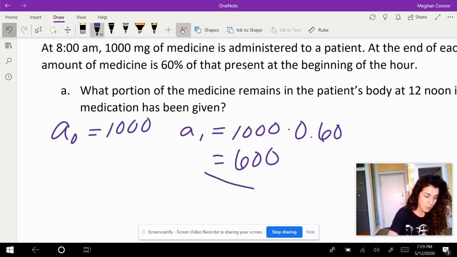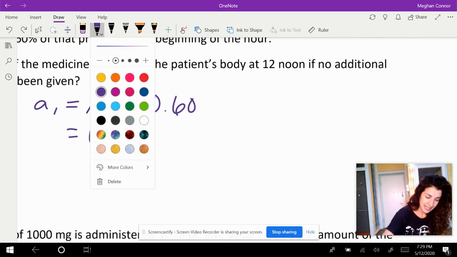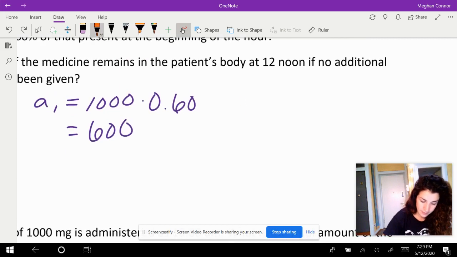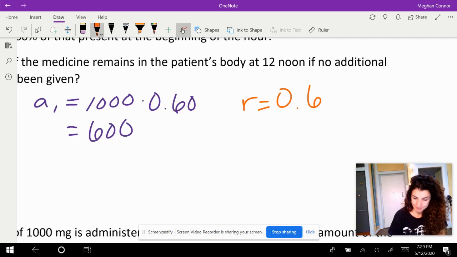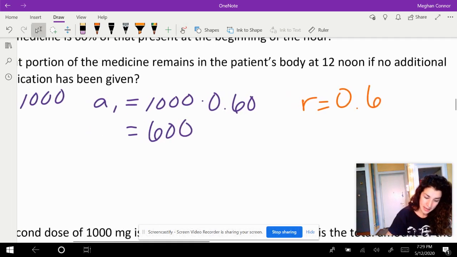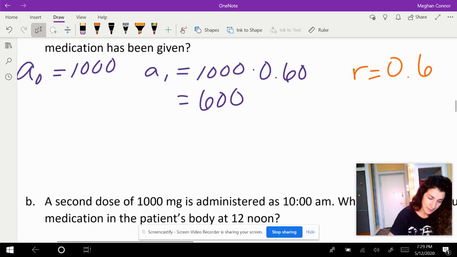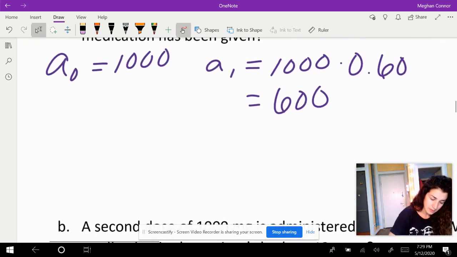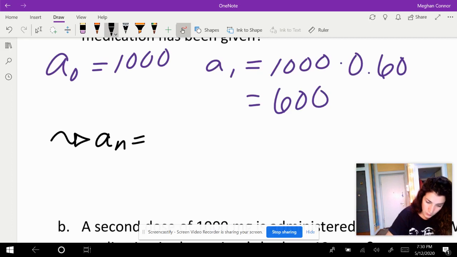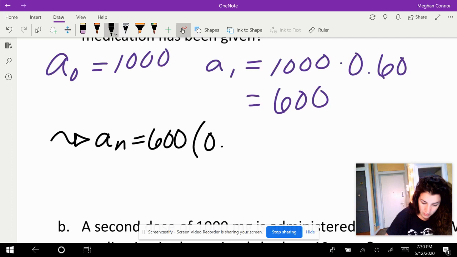Okay, so that's your A sub 1, and then your common ratio is 0.6. So if I were to make a formula for that, A sub n equals A sub 1 times your common ratio to the n minus 1.